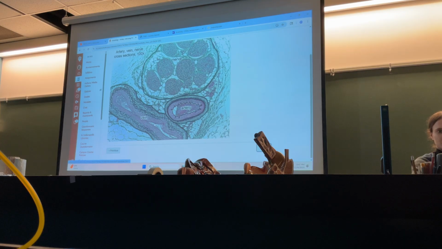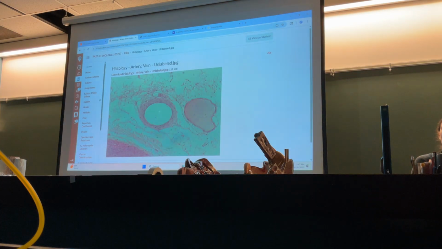So even though this tunica media looks as thick as this one here, notice this layer is clearly thicker than that tunica adventitia. You can see a little bit of that internal or external elastic lamina between the tunica media and adventitia. So that's a cue. Look for that in case it's not immediately obvious.